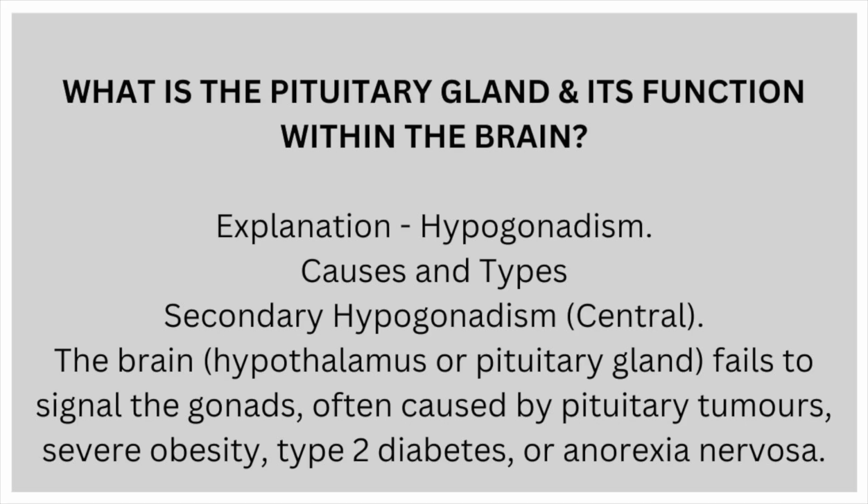Secondary hypogonadism, this being central. The brain fails to signal the gonads, often caused by pituitary tumours, severe obesity, type 2 diabetes, or anorexia nervosa. These signals will be coming from the hypothalamus or the pituitary gland.